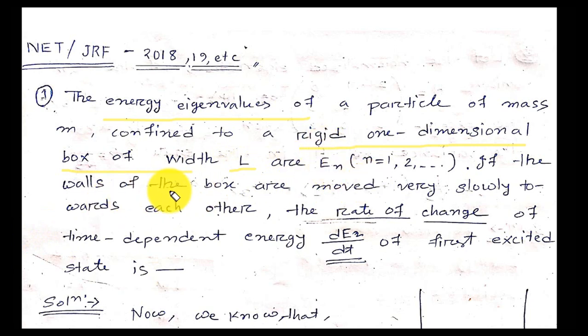If the walls of the box are moved very slowly towards each other, then we need to find the rate of change of the time-dependent energy dE2/dt of the first excited state. So we need to find dE2/dt.